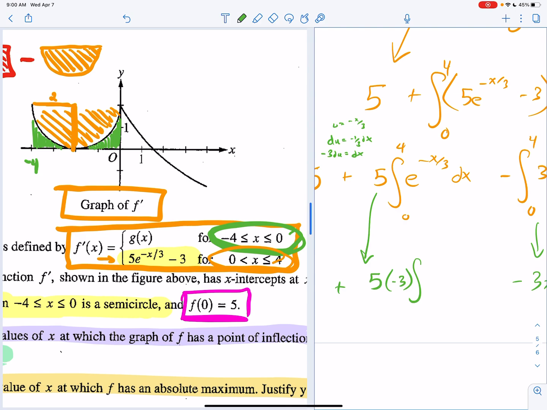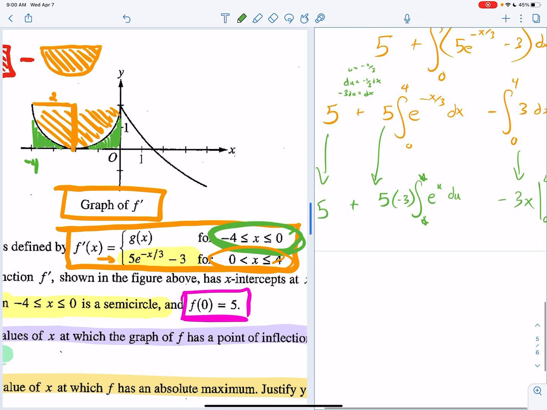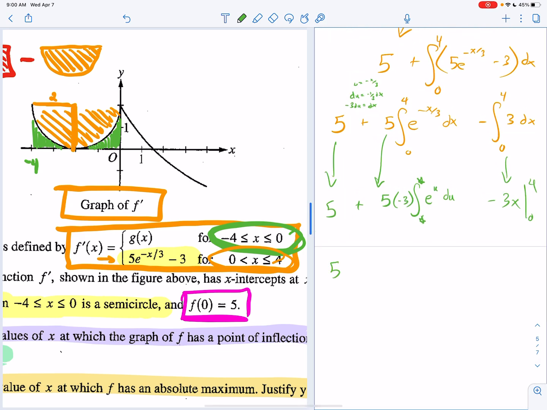This will be e to the u du. I'll just put stars here because I'm going to go back to x's anyways. So that'll be 5 minus 15 e to the negative x over 3 minus 3x.